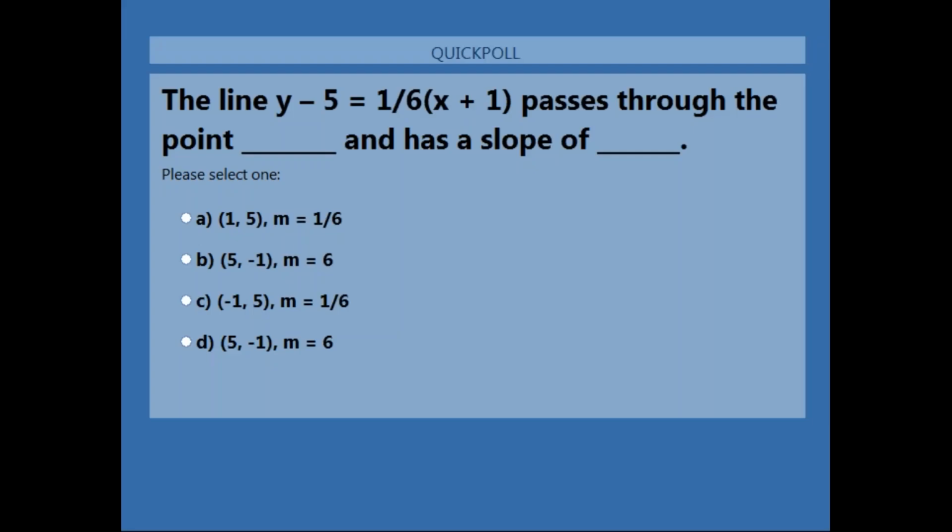Okay, and here's the question one more time, and this time you're able to select your answers.